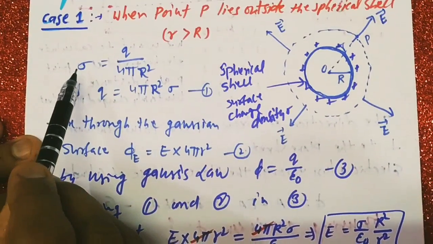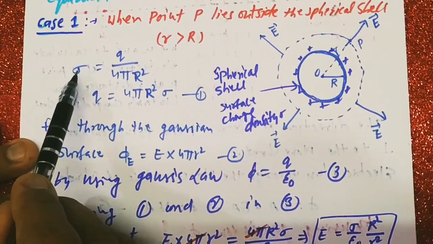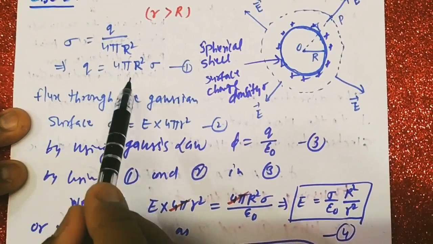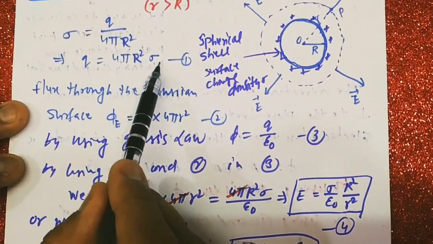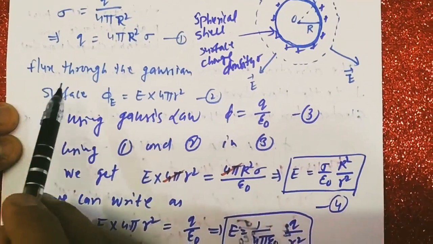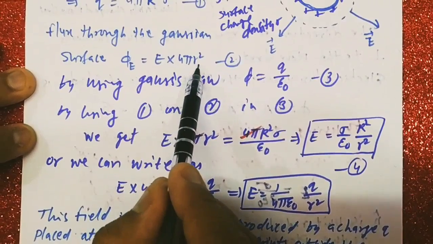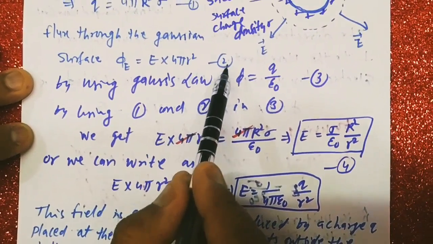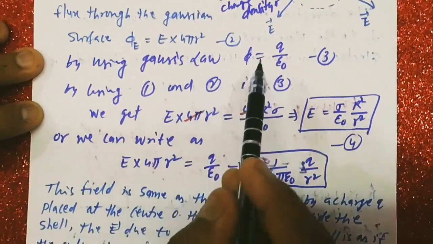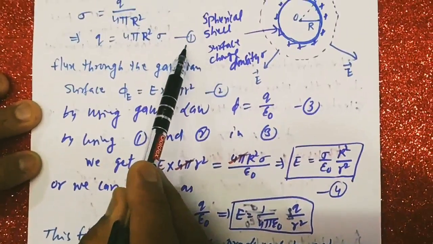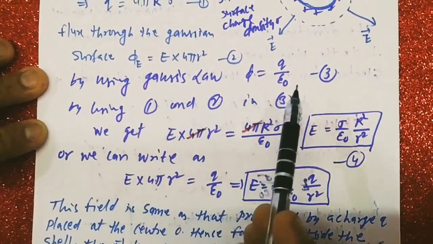By the definition of surface charge density, sigma equal to q upon 4 pi R square, or q equal to 4 pi R square sigma. This is equation number 1. Flux through the Gaussian surface phi equal to E into 4 pi r square. Equation number 2. By using Gauss law, phi equal to q upon epsilon naught. Now we use equation number 1 and 2 in equation number 3.